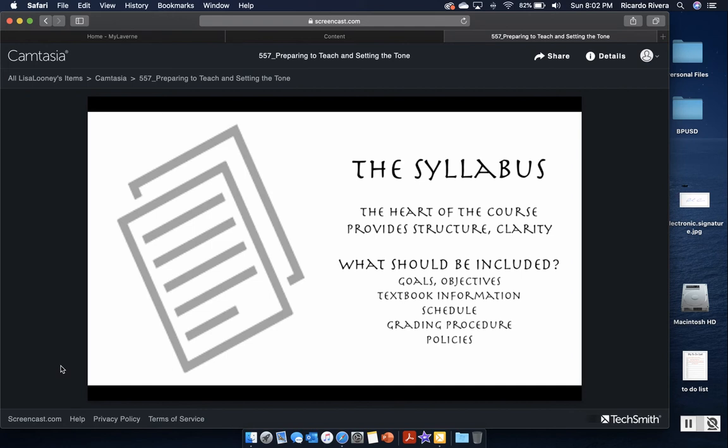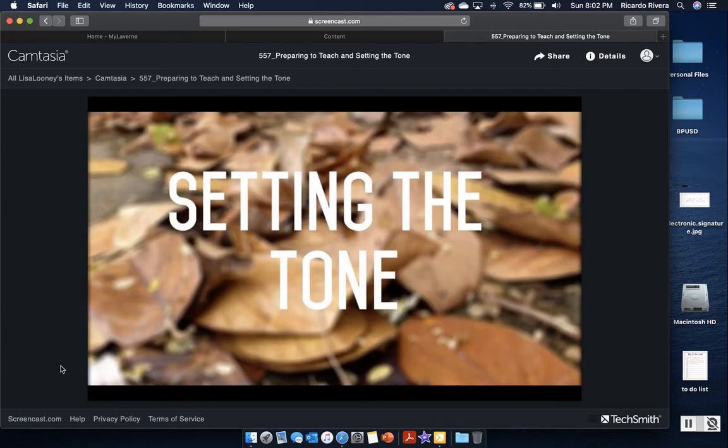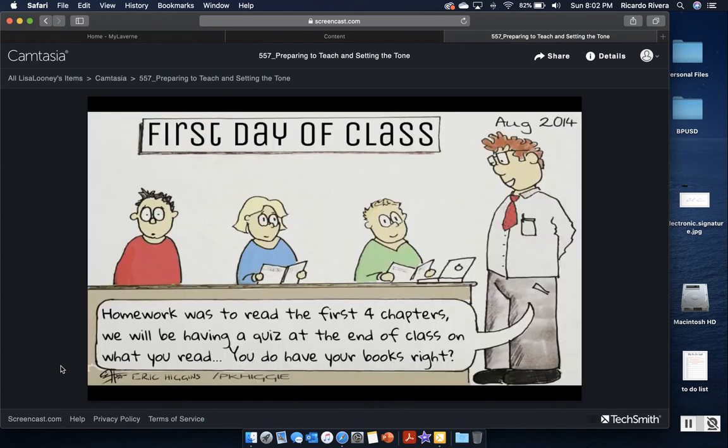And things can change, but you want to give students a general type of structure to the syllabus that really outlines the information. So your syllabus is really the first opportunity students get to set the tone, right? You get to set the tone as an instructor, as a teacher, and what kind of instructor will you be?